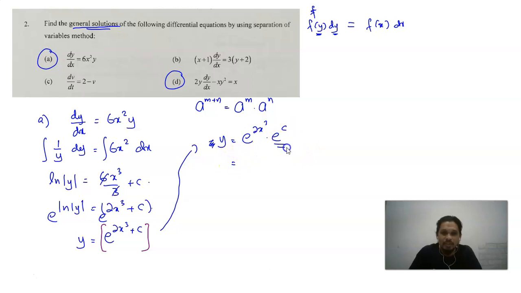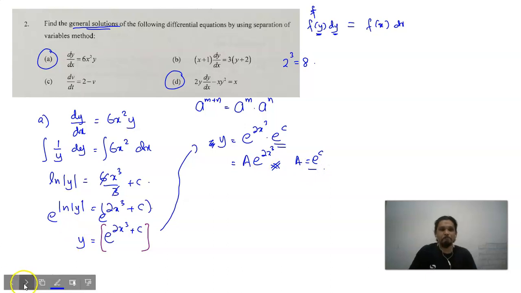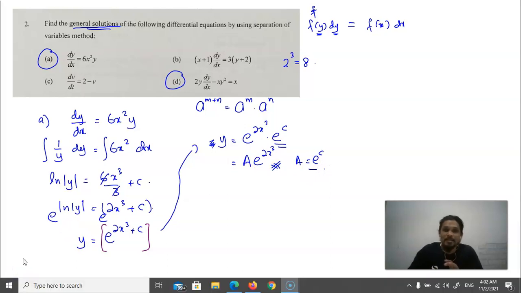Okay, for this one here now, e is a constant and c is also a constant. It's just like 2 to the power of 3. Two constant numbers and the power of any constant numbers here, we can simplify it as one constant, which is 8. So for this one here, let's make this as A e to the power of 2x cubed, where A equals e to the power of c. Okay, so that is the first one.